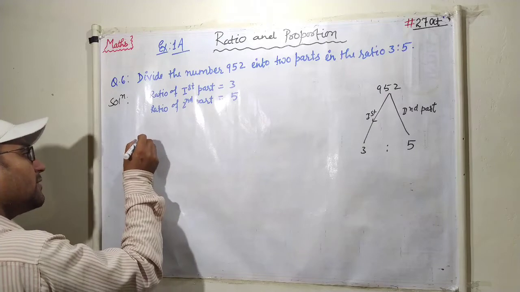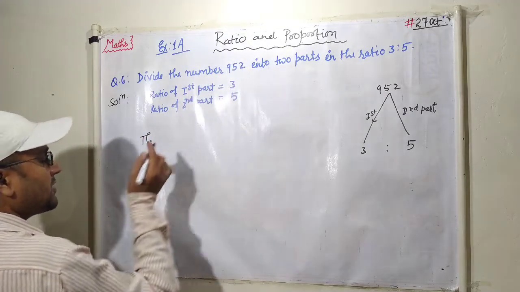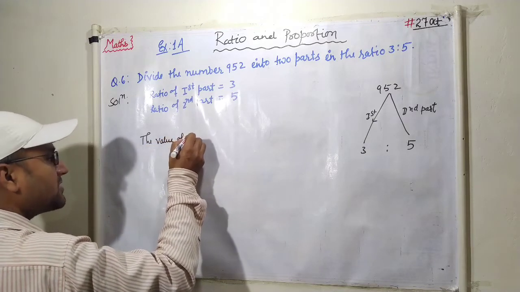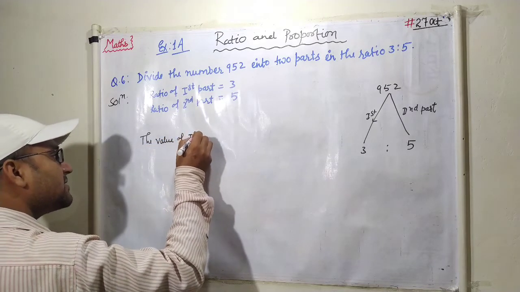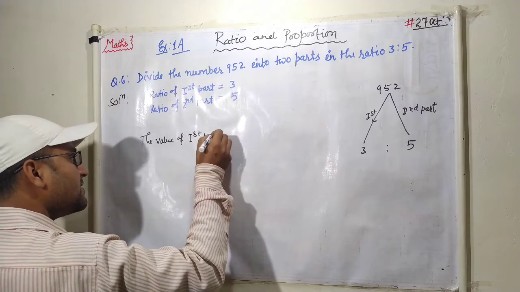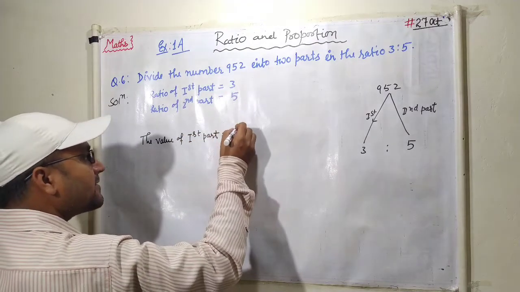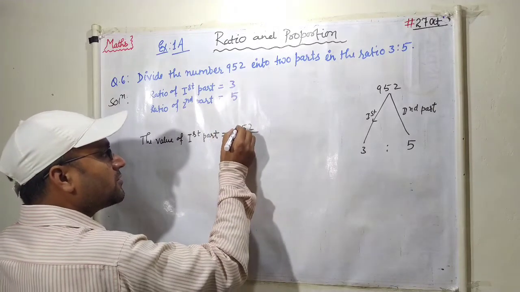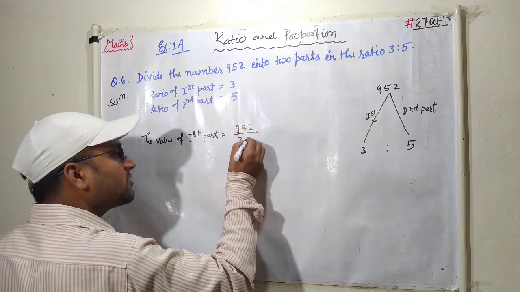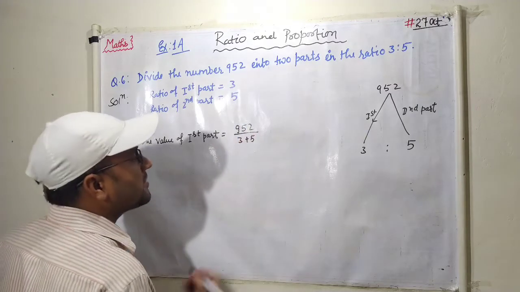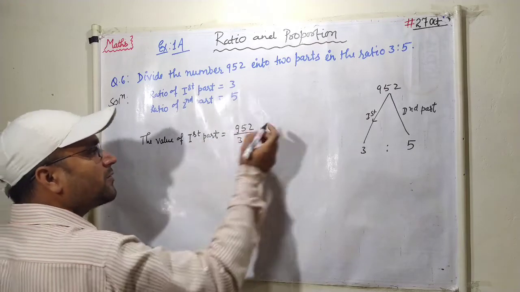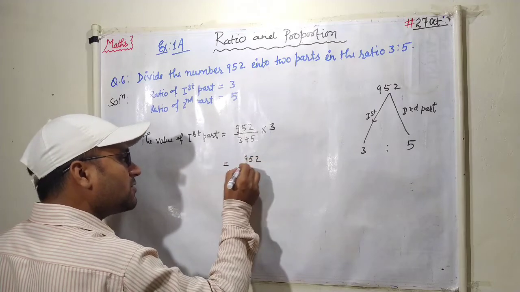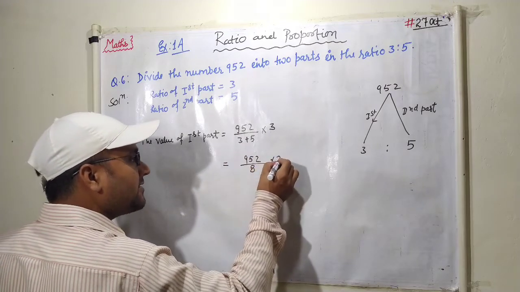Now the total value, you know that is 952. The value of the first part is equal to 952 upon sum of the ratio, 3 plus 5, multiplied by the ratio of the first part, that is 3. So 952 upon 8 multiplied by 3.